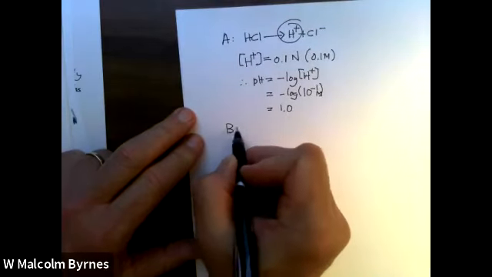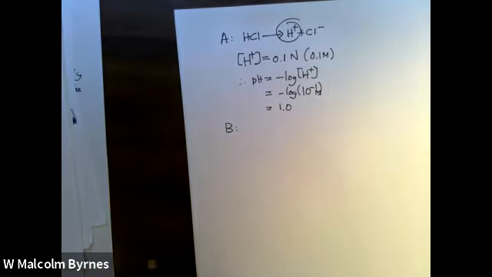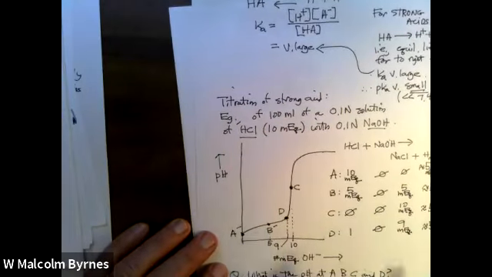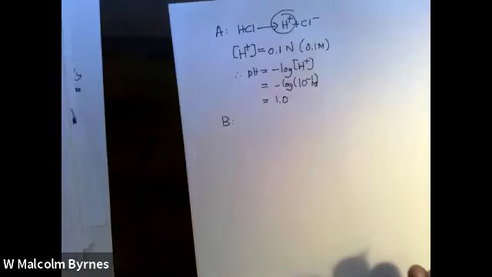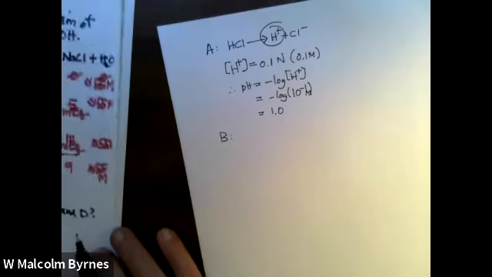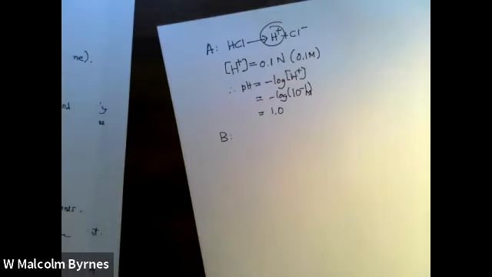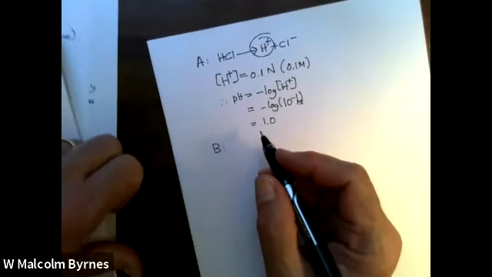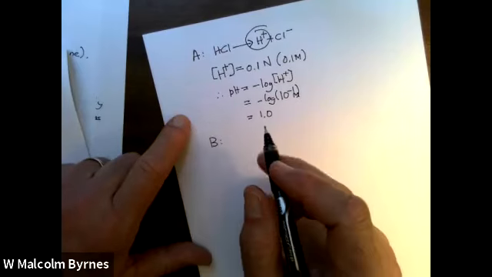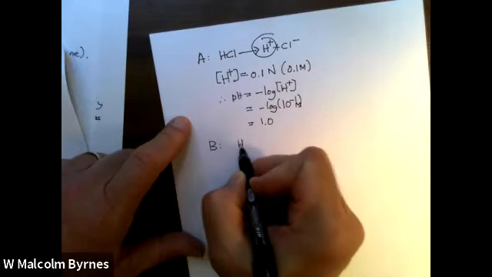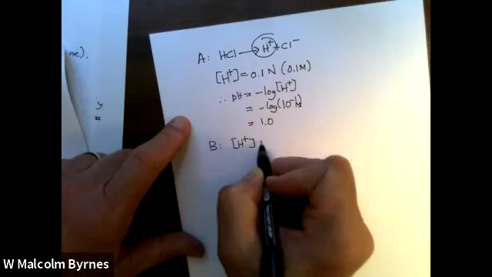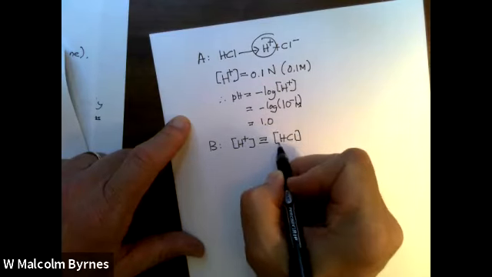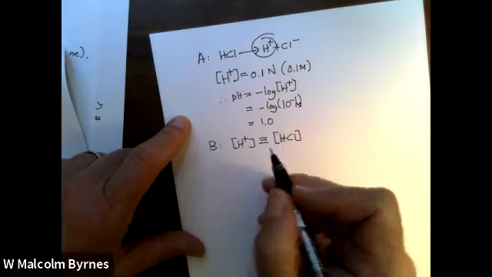Now, let's look at point B. And just to remember what point B is, we're at the midpoint of that titration. We've titrated half the acid. So at point B, we have 5 milliequivalents. The hydrogen ion concentration is just the same as the concentration of HCl that remains, which is 5 milliequivalents divided by the volume.